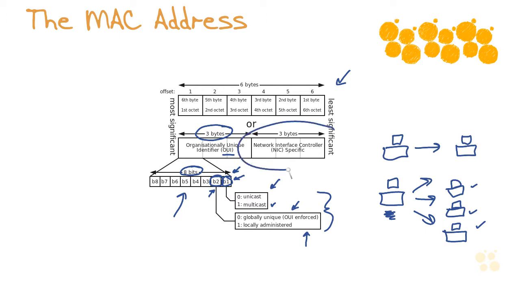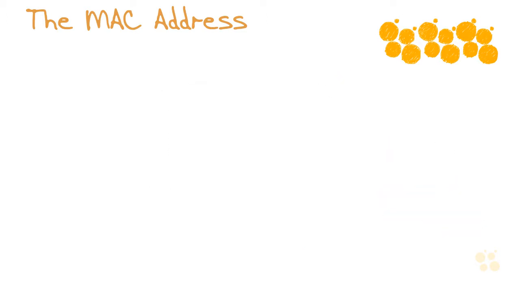Notice they then set the network interface controller specific portion so that there's no conflicts. So big network vendors get their MAC address space, and then within their MAC address space, they manipulate those 3 bytes to make sure the addressing is unique amongst the devices that they are creating. Pretty cool. But wait a minute here, I've got a little bit of a problem with all of this.